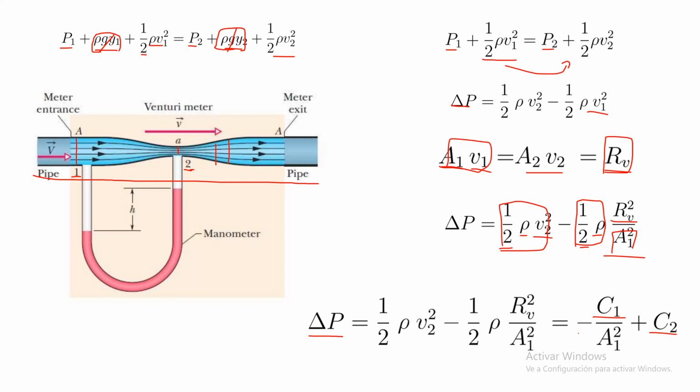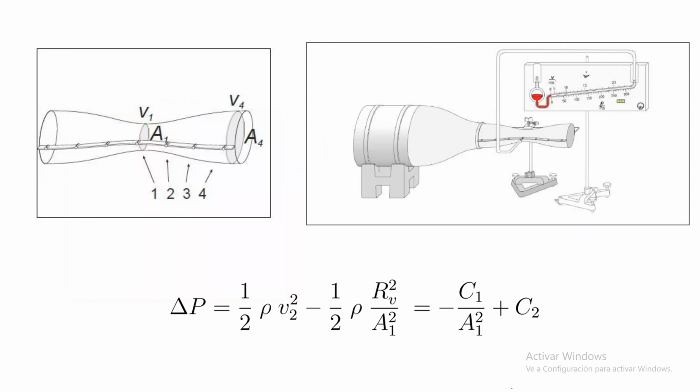So in this experiment, we're going to try to prove this relationship, that the only thing the change in pressure depends on is the area of the point we're going to measure against point 2. Okay, so here is this quick experiment.